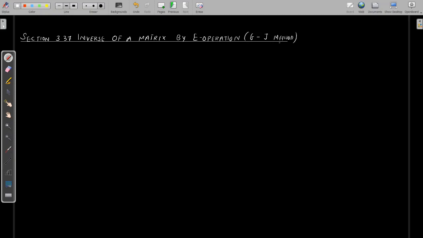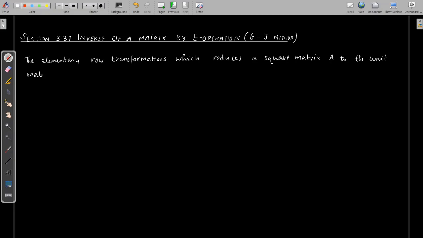We can abbreviate it as the GJ method. The elementary row transformations which reduce a square matrix A to the unit matrix, that means the identity matrix, when applied to the identity matrix, will give the inverse of A.